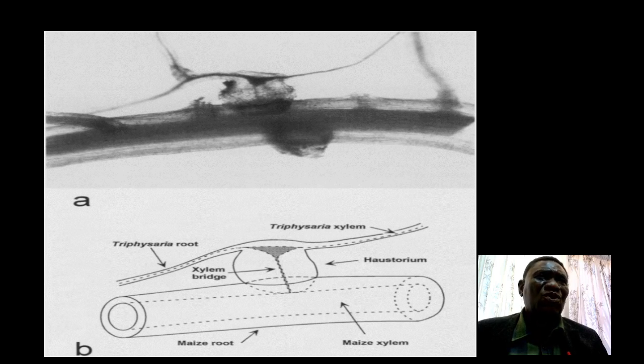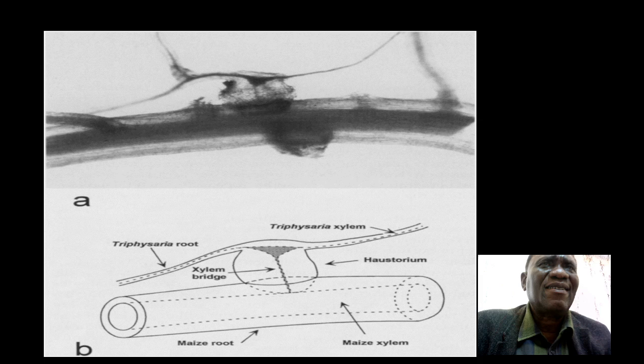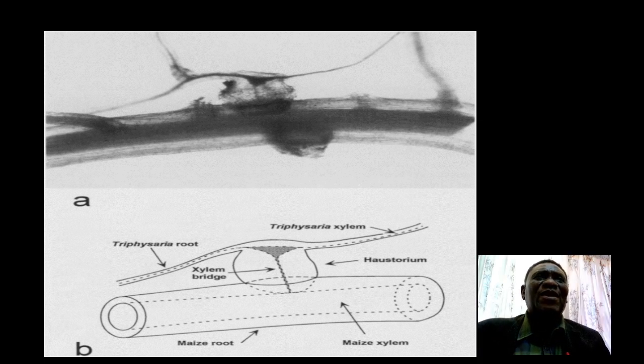Here you have the root of the host. This could be the parasite, and this is the bridge or the haustoria, which forms the connecting tissue between the parasite and the host root.